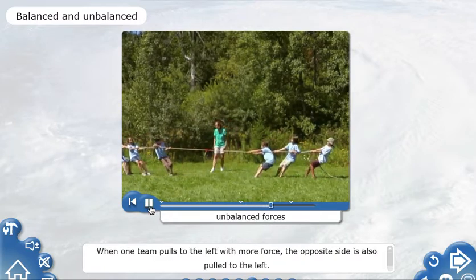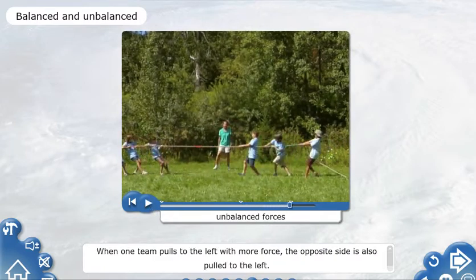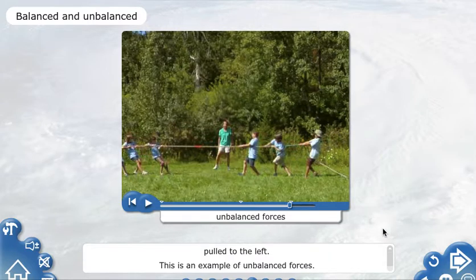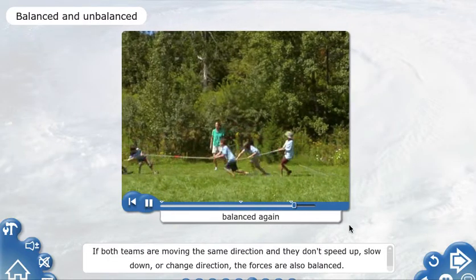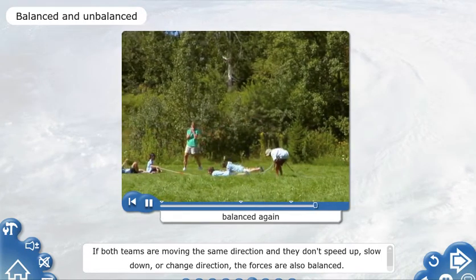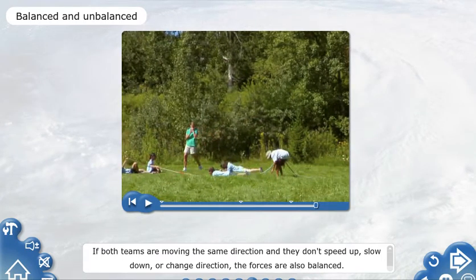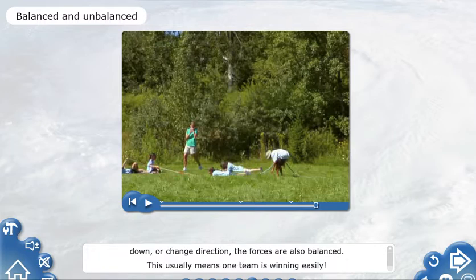When one team pulls to the left with more force, the opposite side is also pulled to the left. This is an example of unbalanced forces. If both teams are moving the same direction and they don't speed up, slow down, or change direction, the forces are also balanced. This usually means one team is winning easily.